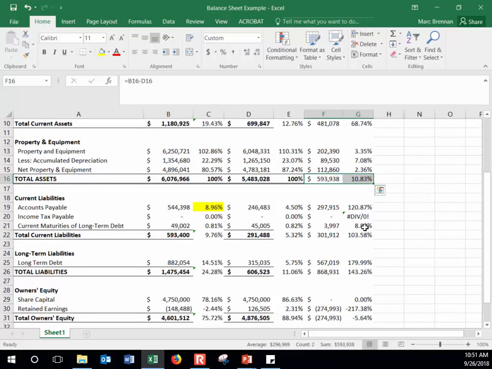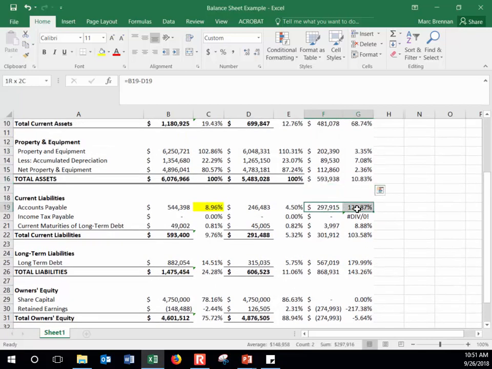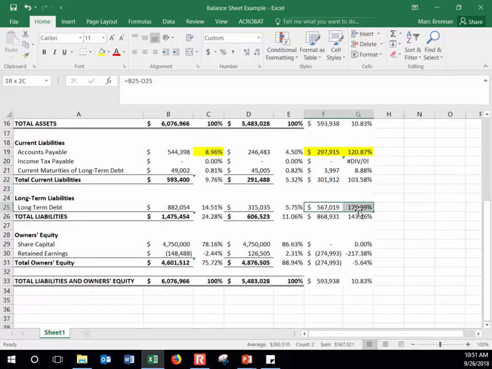Now what we'll be able to see here is of this $600,000 increase, where did the money come from? Okay, so our accounts payable, we owe 120,000% more than we did the previous year. Why do we owe this much more? Okay, I would want to look into this. Long-term debt.